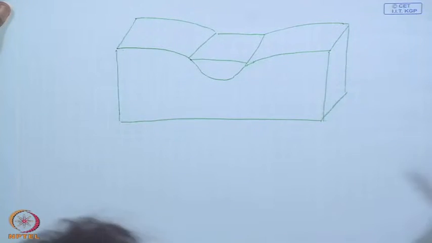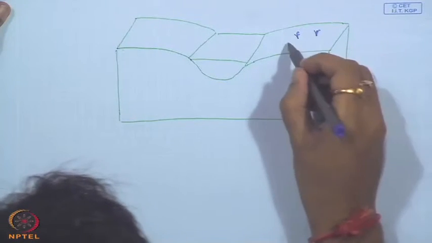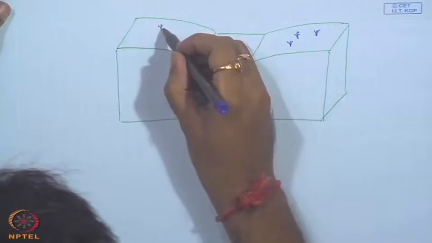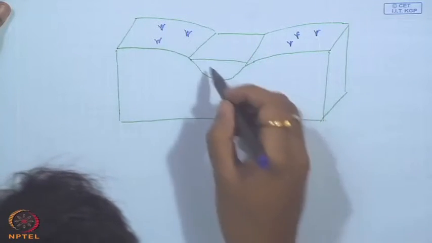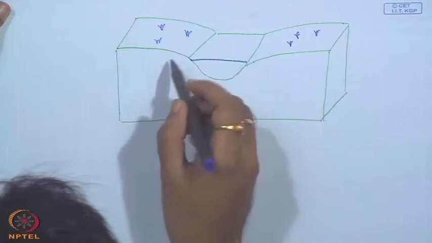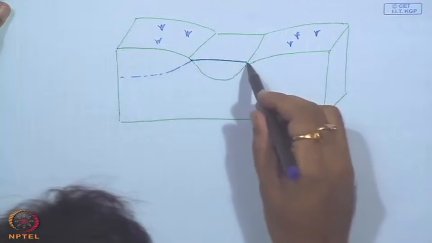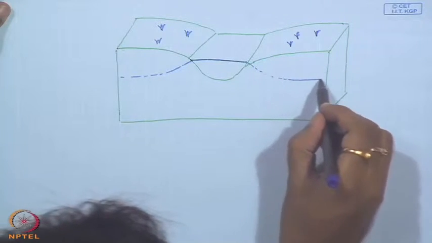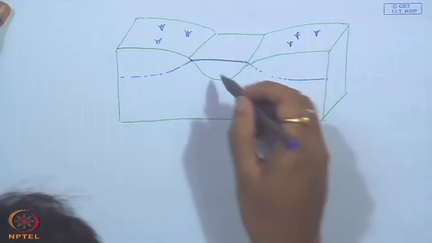So, this is our ground surface. Now, this is the water level, and the water table in the aquifer is lower than the level of water in the stream.